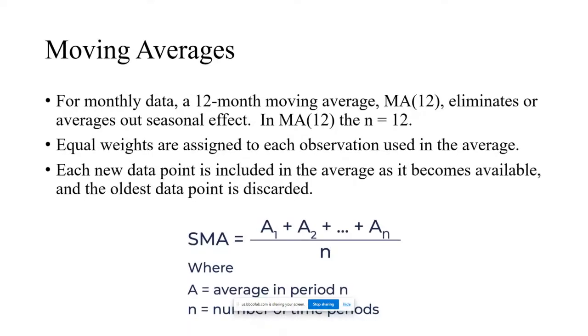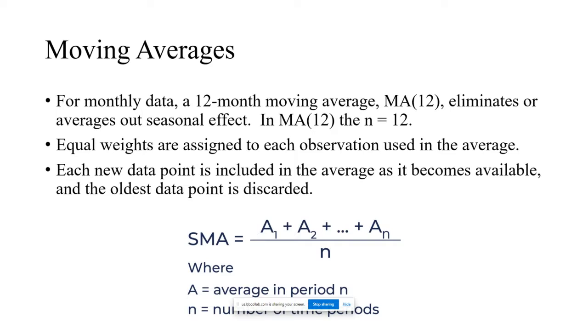For monthly data, a 12-month moving average, MA12, eliminates or averages out seasonal effects. In a moving average 12, the N is equal to 12. The number of observations is equal to 12.